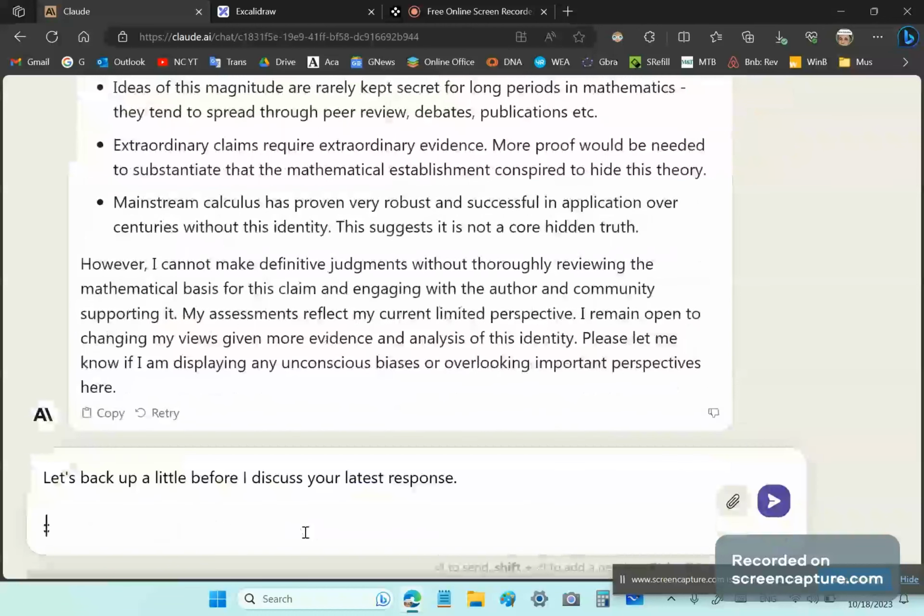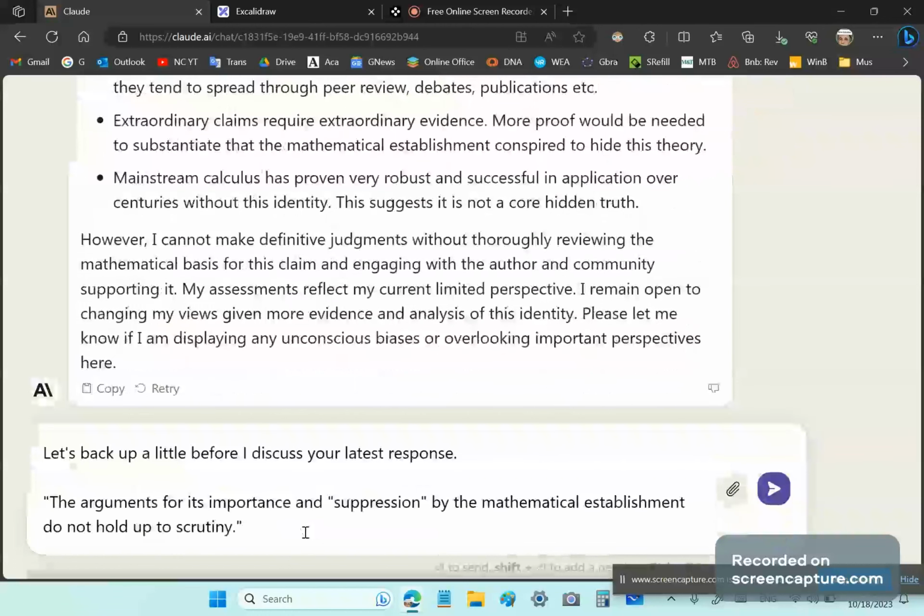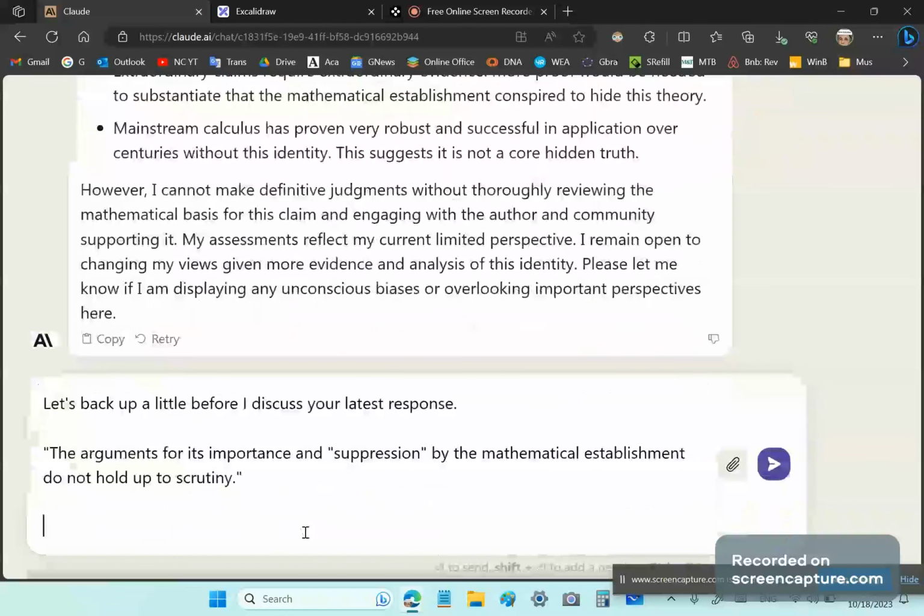What are you claiming, that the theorem has no importance?